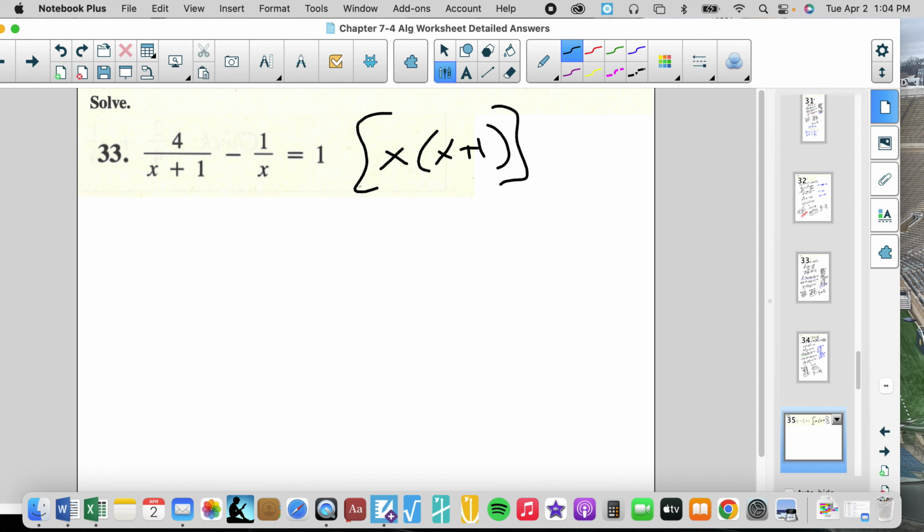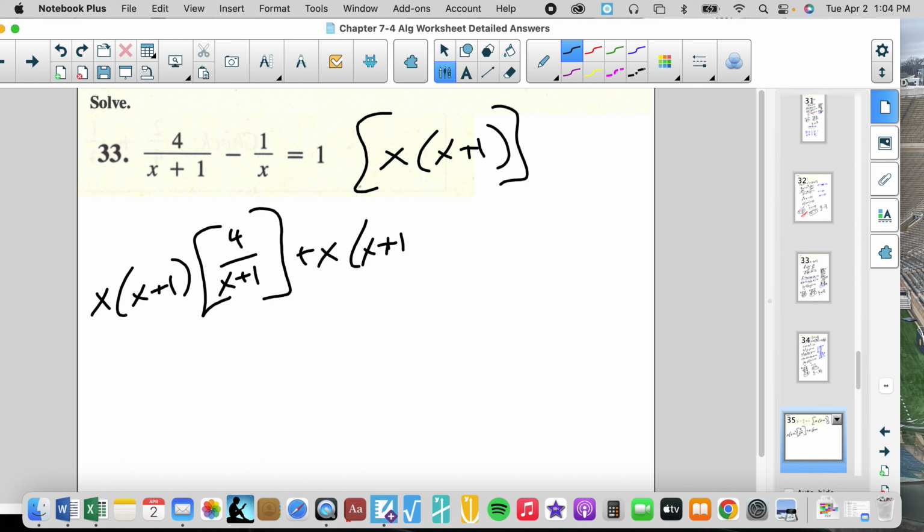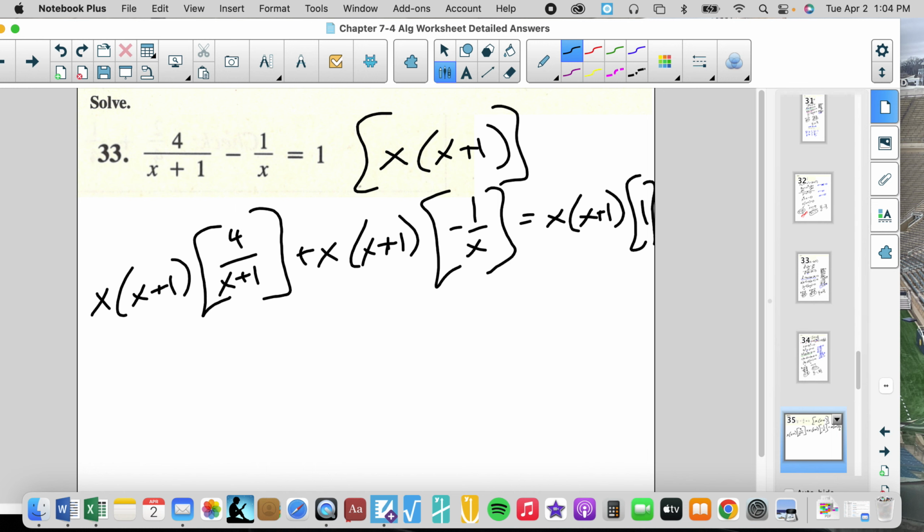I'm going to multiply everything by that. So I have x times x plus 1 times 4 over x plus 1 plus x times the quantity x plus 1 times negative 1 over x equals x times x plus 1 times 1. Let's see what cancels.